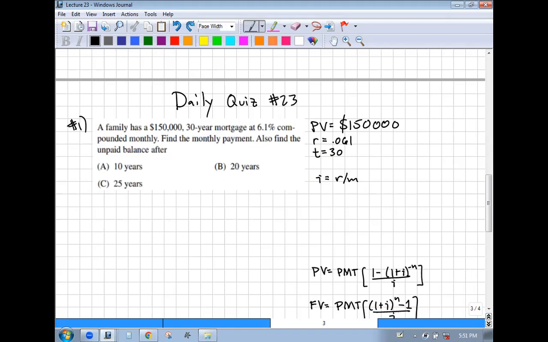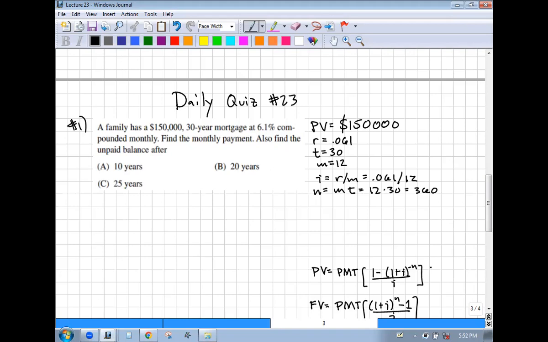Since those are both monthly, M is 12. So I is 0.061 over 12. N is the total number of periods or payments, which is number of payments per year times the number of years. So it's 12 months times 30 years, which is what? 360 total periods or payments, if you will.